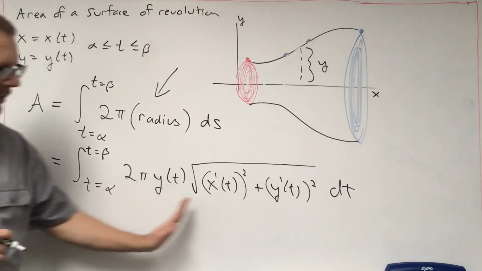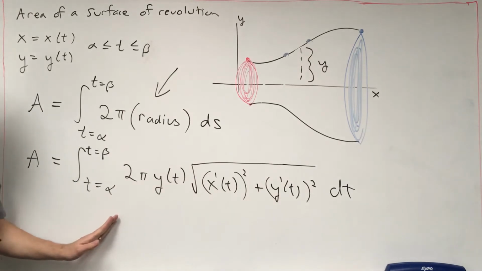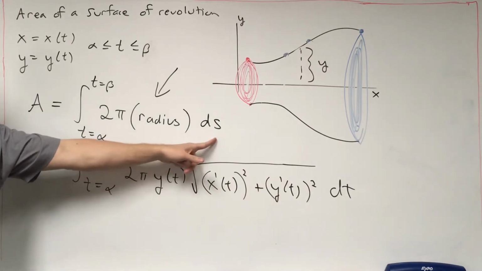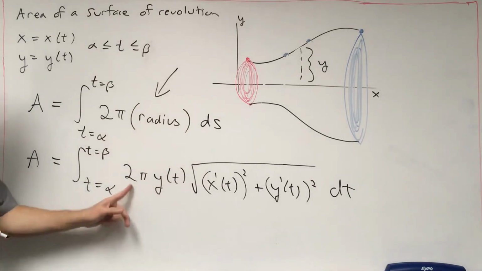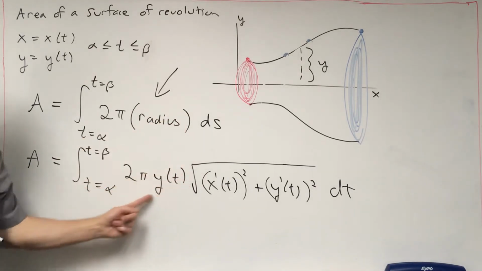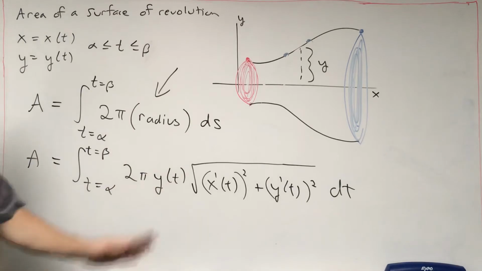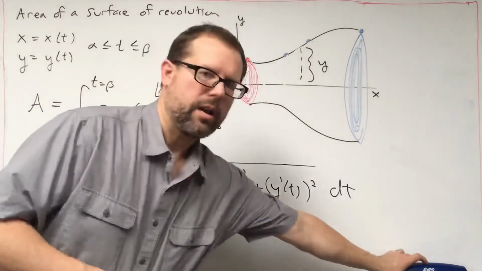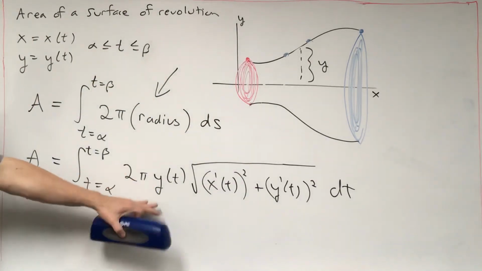You don't want to memorize this or any of the others that I'm going to give you in this video. You want to memorize this idea right here and then figure out how to apply it. So 2 pi, in our case, it's the y of t that provides the radius, and then your ds as before. Okay, so let's look at a concrete example of this approach.